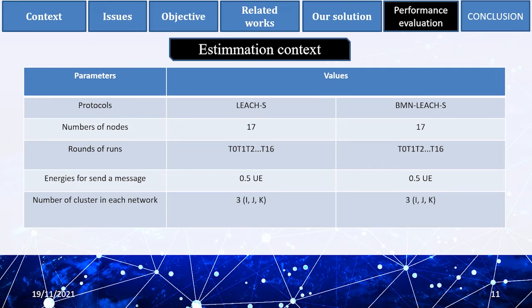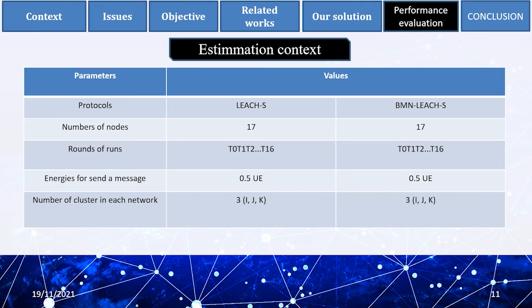Therefore, the processing of a message from an end node and the CH needs energy. The CH chooses a replacement when it exhausts an amount of energy equal to C4 energy units.